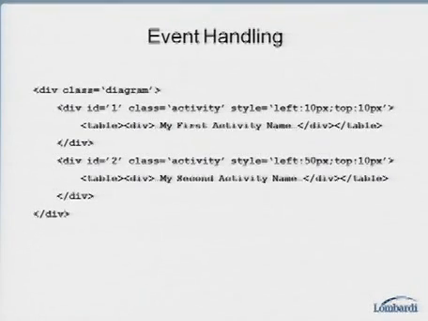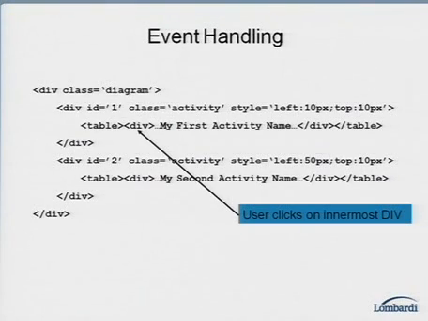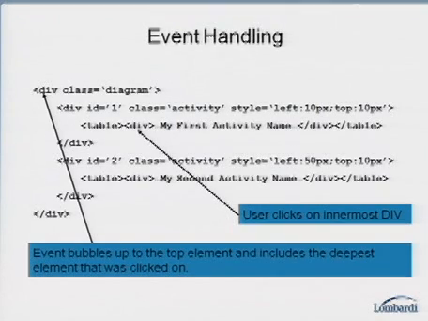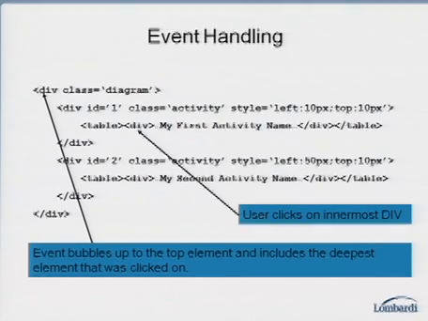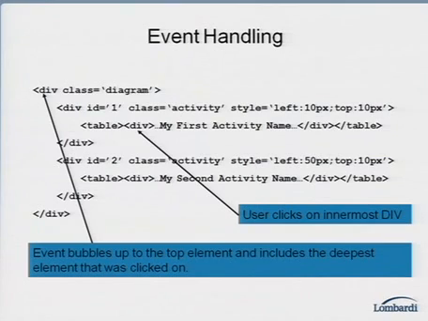So let's see what happens when the user clicks on an item. When the user does that, the browser is going to generate an event on that innermost item that the user clicked on. Since we haven't attached any events to any of these particular elements, the browser is going to bubble that event up through the DOM hierarchy until it gets to the top.